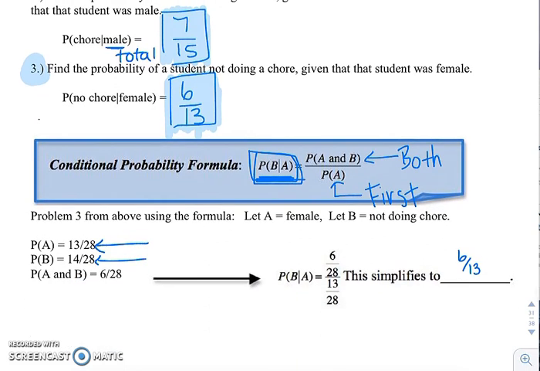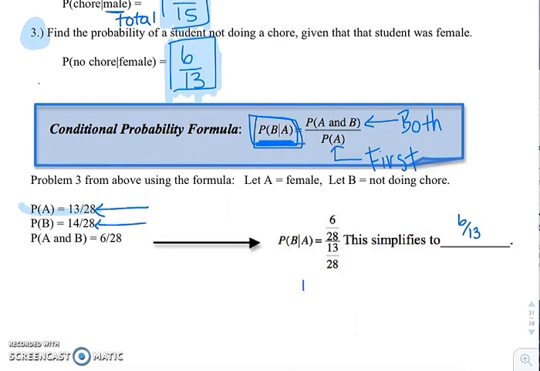So if you guys put that into the formula, the probability of A and B on the top is 6 out of 28 divided by the probability of the first event happening. The probability that it was a girl is 13 out of 28. So if you guys divided them, you would have 6 over 28 multiplied by 28 over 13.